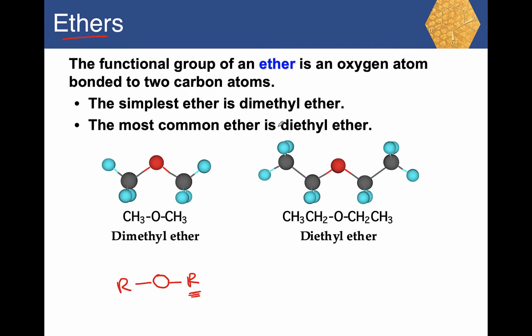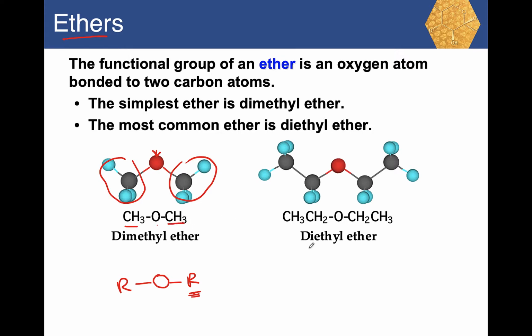The simplest one here is, of course, this ether, where here's the oxygen and two methyl groups, CH3 and CH3. That's the model, using the molecular model. But here is the CH3 bonded to the oxygen and CH3. So that's an ether.